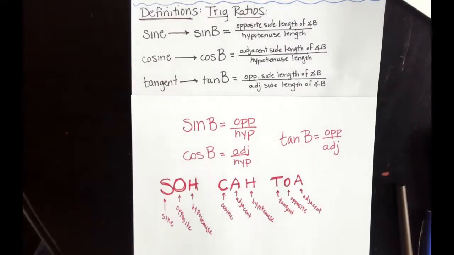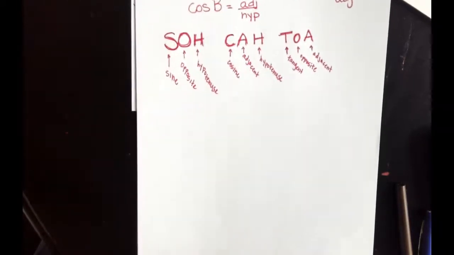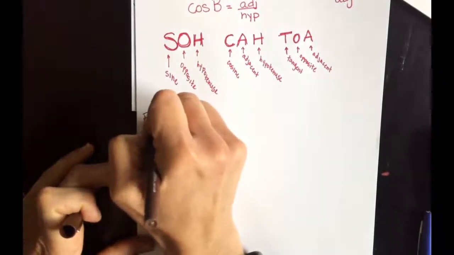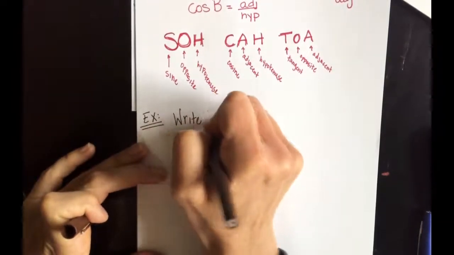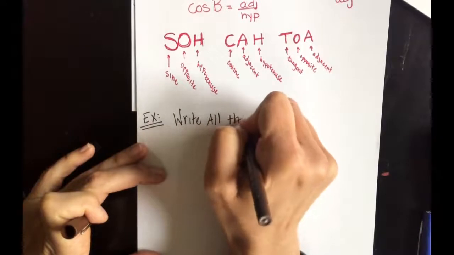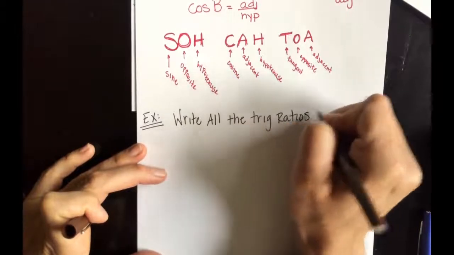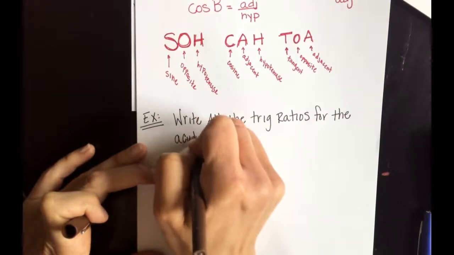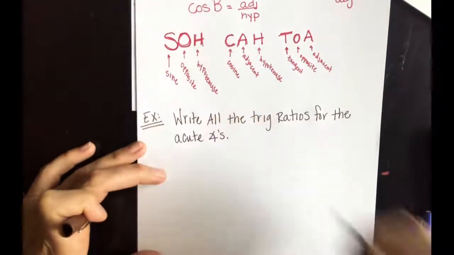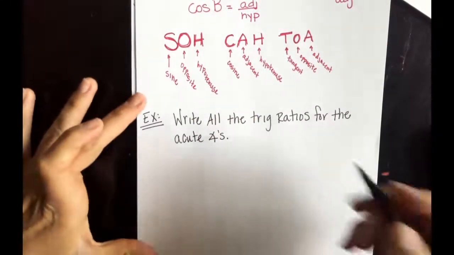So I want to write the ratios. So we're going to give an example of what that looks like, and then we're done for the day. So we're going to write all the trig ratios for the acute angles.